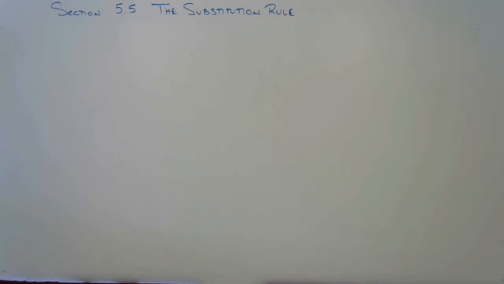Now, in chapter 5, sections 5.1 and 5.2, we learned what the definite integral is. We saw its development from looking at one rectangle and asking what happens if I estimate the area under this curve with one rectangle? We noticed that wasn't enough.